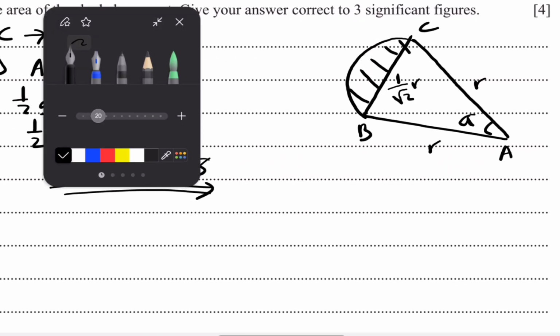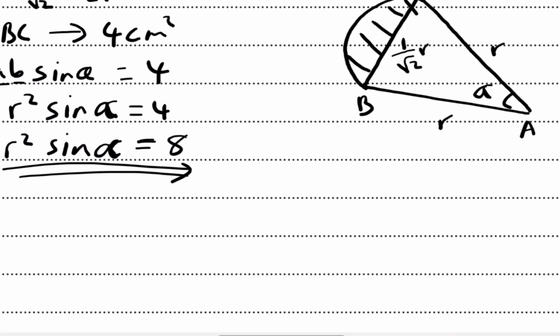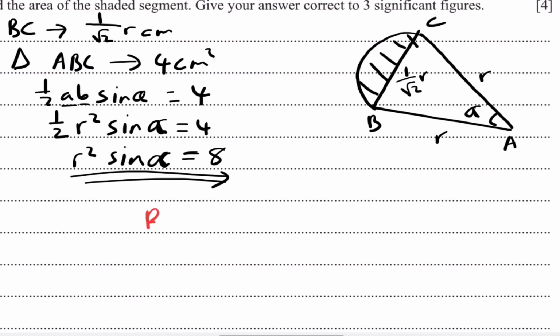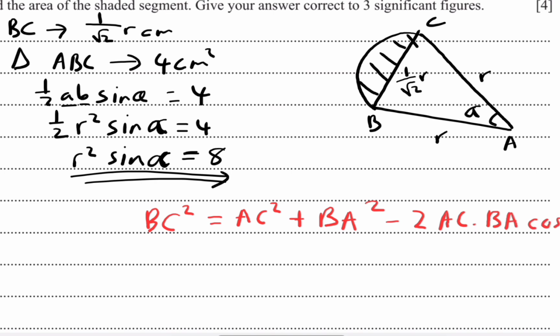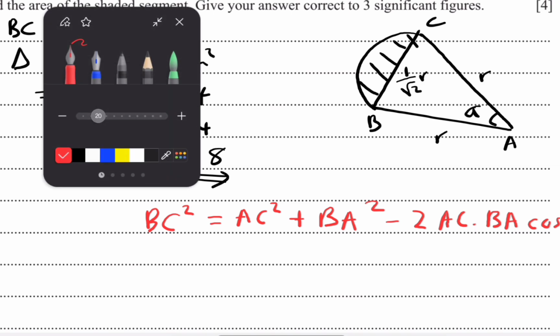So using the cosine rule there, we are saying BC squared equals AC squared plus BA squared minus 2 AC times BA cos alpha, right? That's how we're going to connect the two.